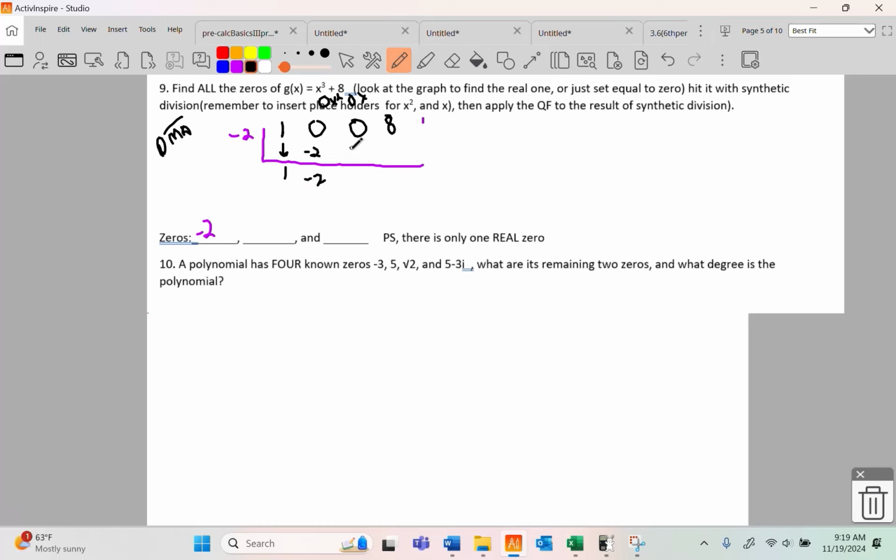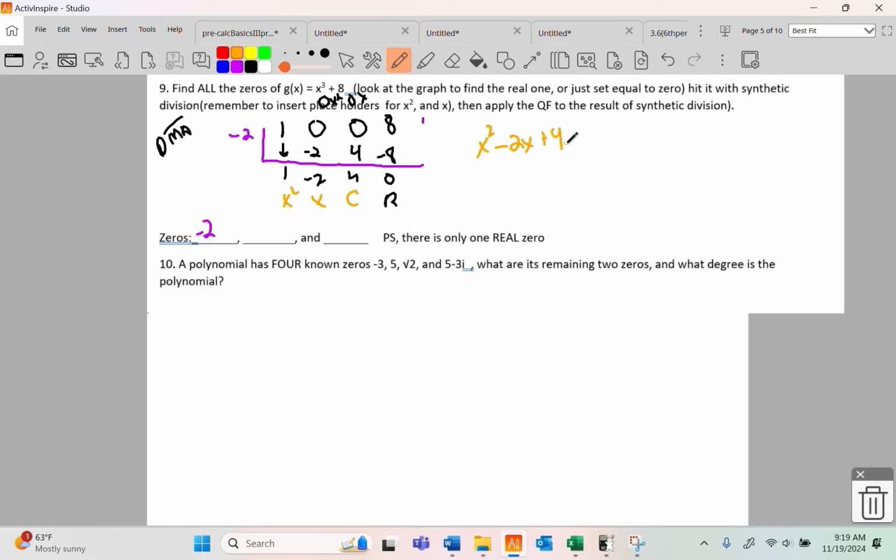Negative 2 times negative 2 is 4. 0 plus 4 is 4. Negative 2 times 4 is negative 8. 0. All right. What am I left with? I have a remainder, a constant, an x, and an x squared. I have x squared minus 2x plus 4.